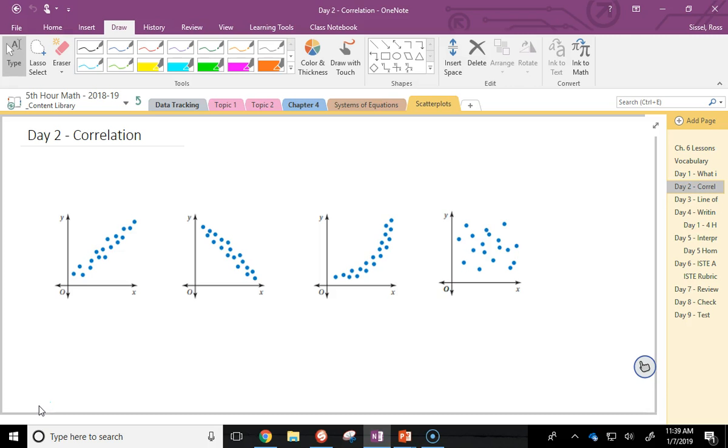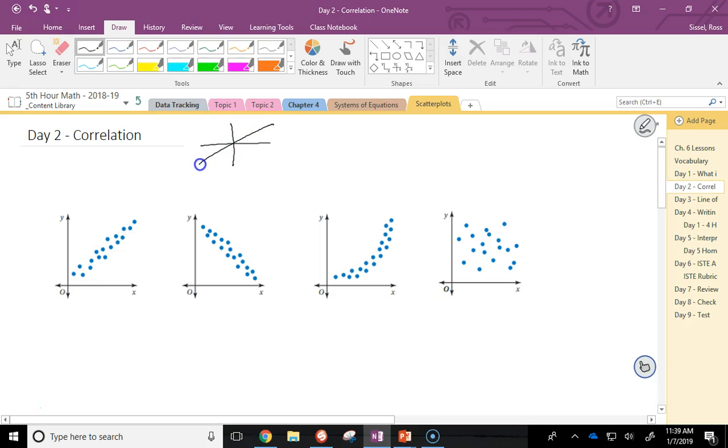We still read our graphs left to right, just like we do with linear graphs. So when I look at this one, Ainsley says that's rising. Do you guys remember when we did just linear lines, what kind of slope we said that was? Positive. So this is what we call a positive correlation. Write this above yours.